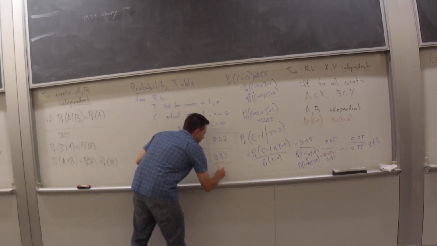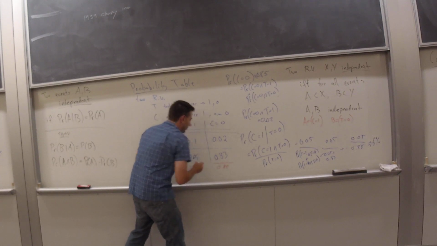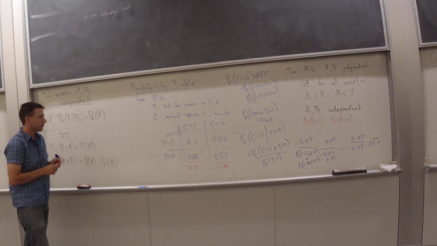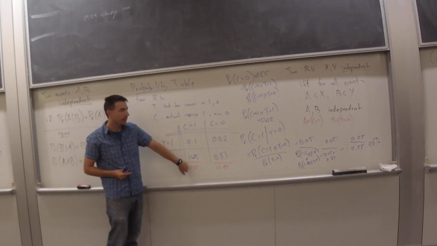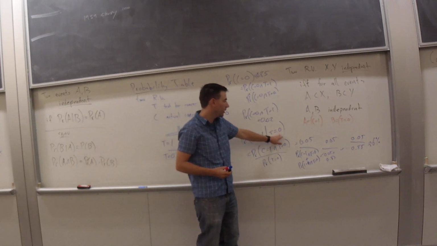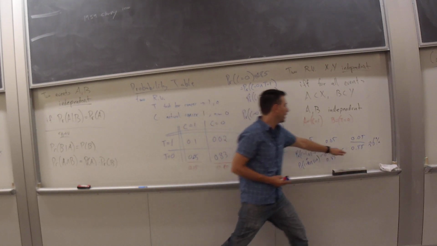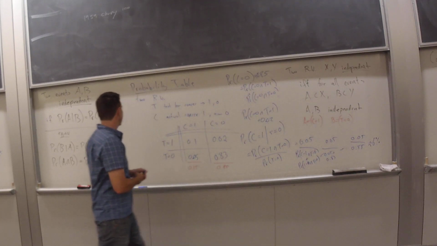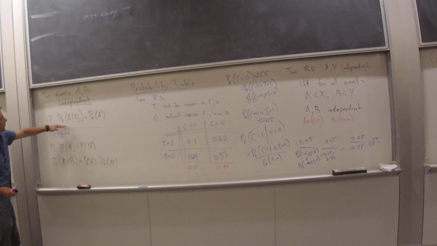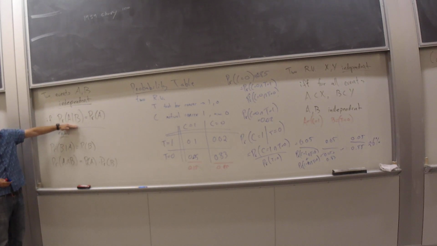The sum of these two columns is 85%. So the total probability I have cancer is 15%, but the probability given the test says 0 goes down to 6%. Okay, so that means that they are not independent because these would have needed to be equal to each other.